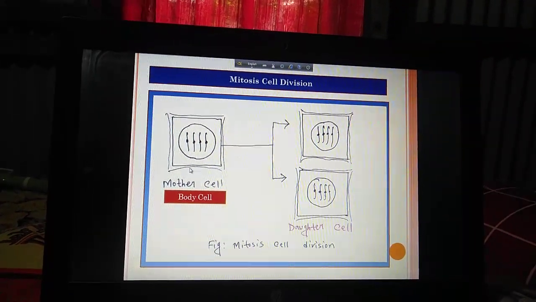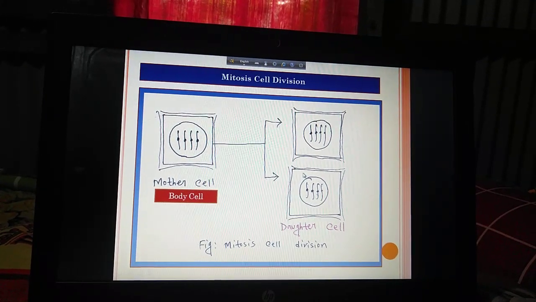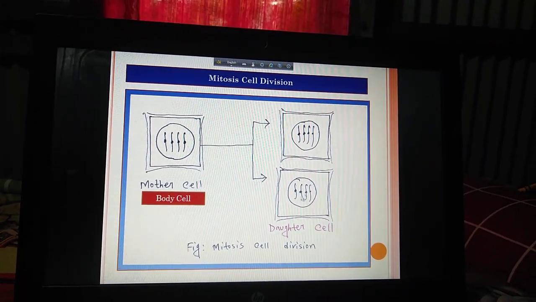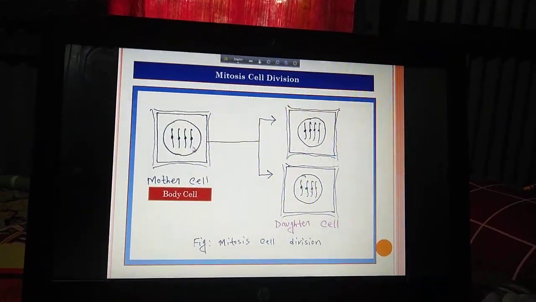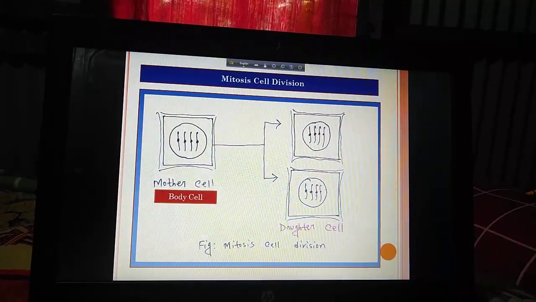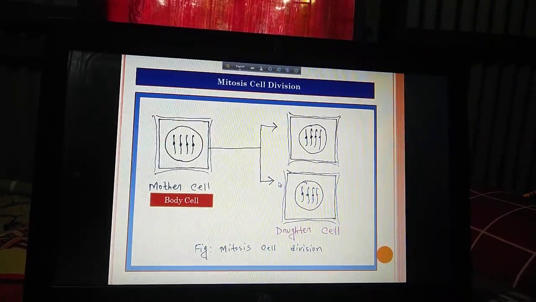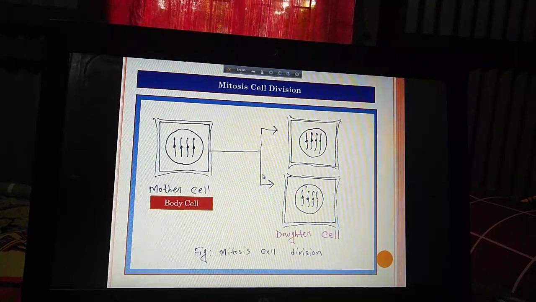So when one mother cell divides into two daughter cells, each and every daughter cell also contains a similar number of chromosomes as the mother cell. So what will happen at the time of this process?